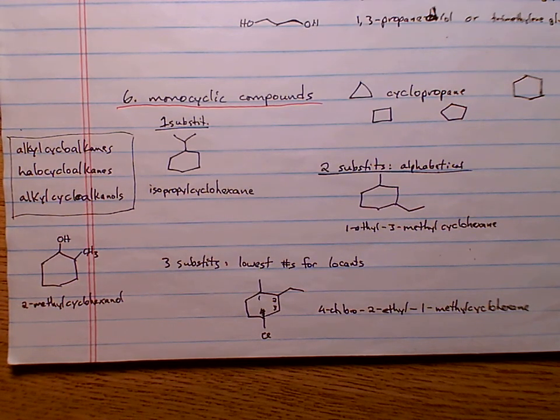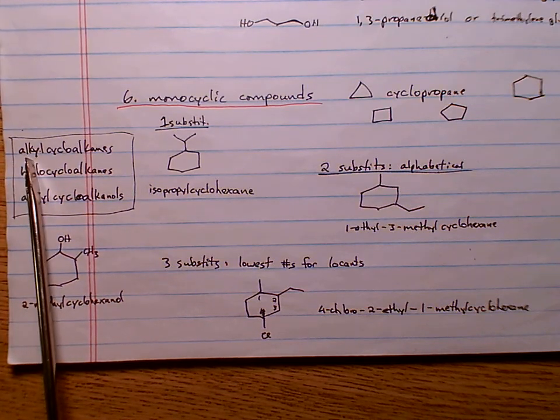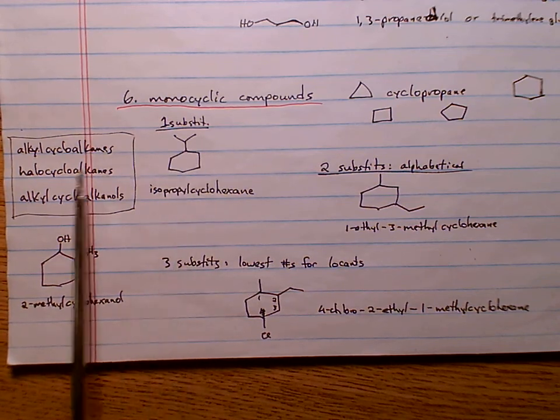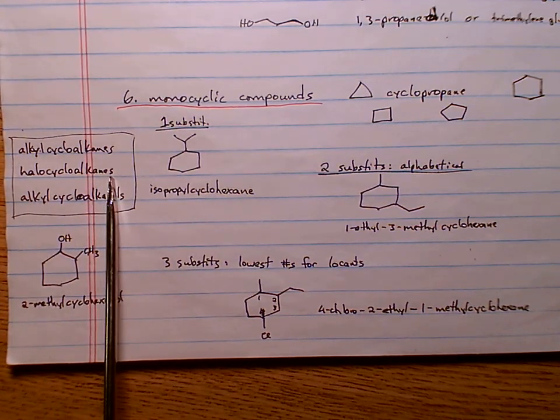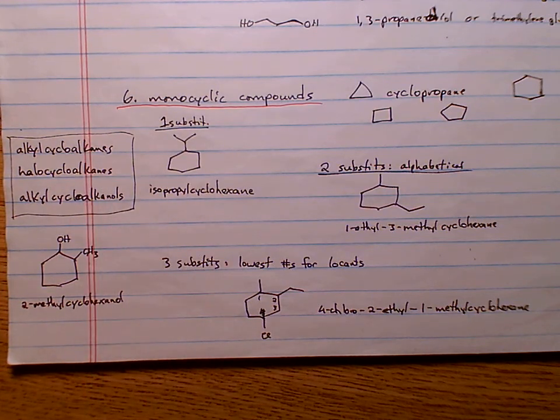All right. And when we're looking at these, when we're naming them, note that you have alkyl cycloalkanes like this. You can have halocycloalkanes like chlorocyclohexane or chlorocyclopentane.